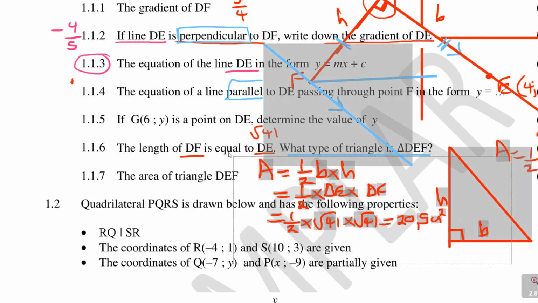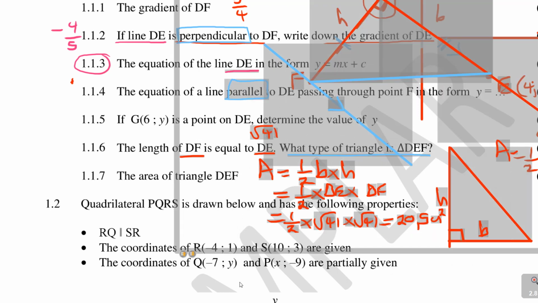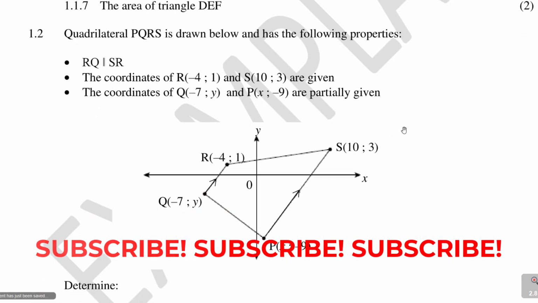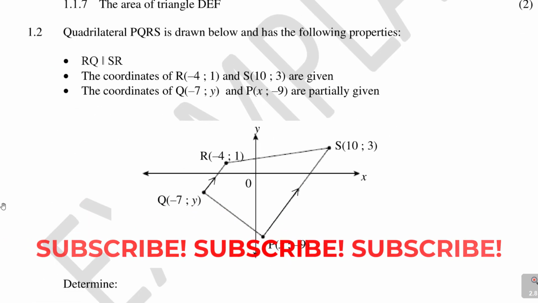But now I just want to erase these. Then there is 1.2, but because of my time, I'm not going to do 1.2. 1.2 will be a follow-up question. Watch the second part of the video where they give you the scenario.